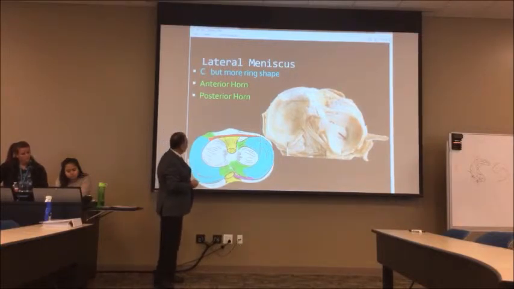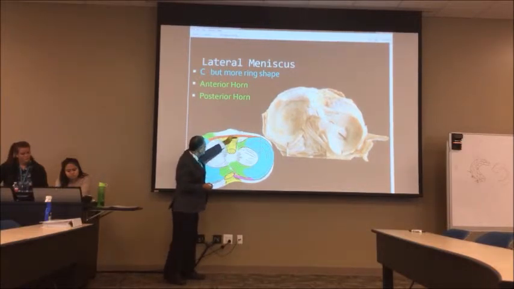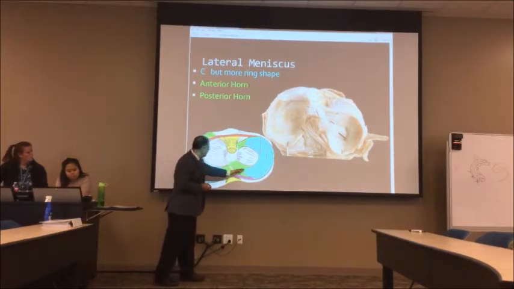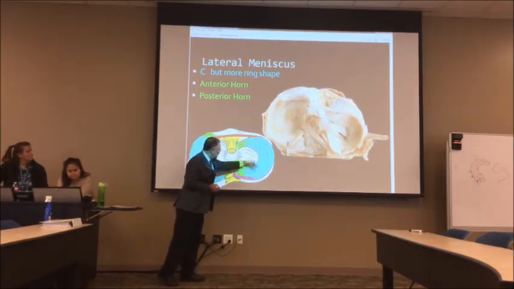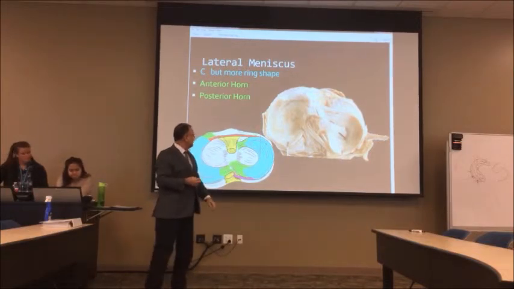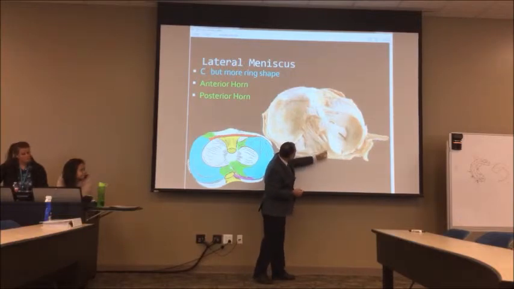Here is more of a ring shape, more closed. Same thing with the coronary and the transverse ligaments, and you're also going to have the posterior and anterior horns and the body. Also, you're going to have the meniscofemoral ligament, as you can probably see from here in this cut.